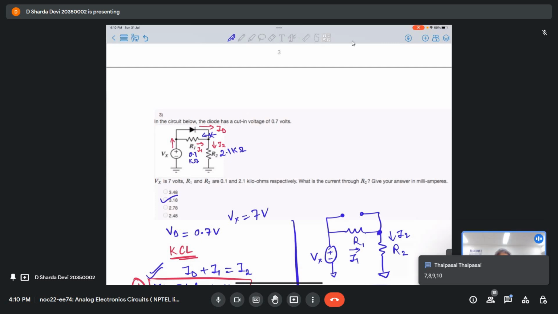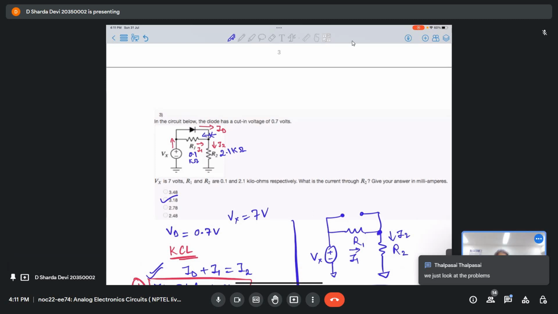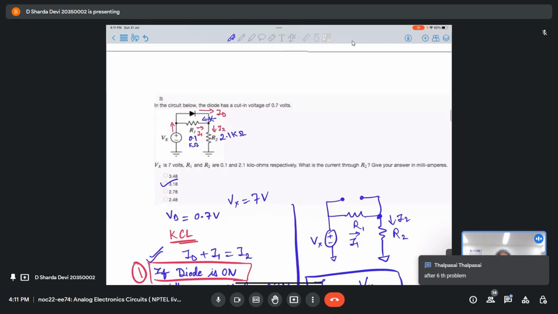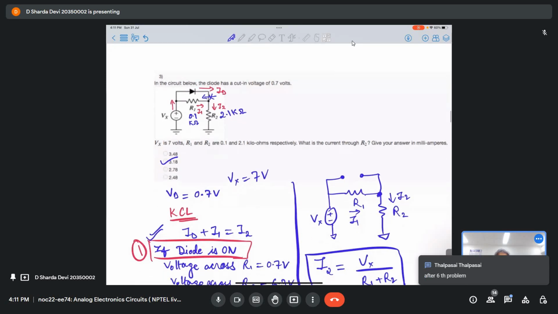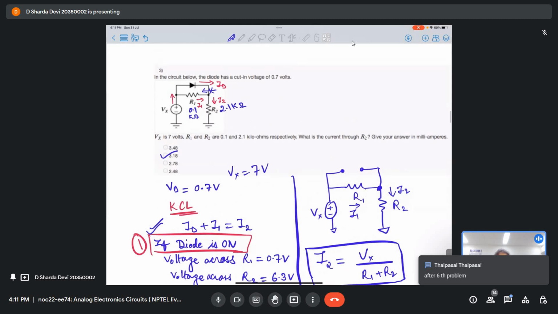7, 8, 9, 10. What is this 7, 8, 9, 10? Sorry. So the remaining problems you can solve. Like we have selected 6. So these 6 are not the first 6 problems in your assignment. That's not the way.